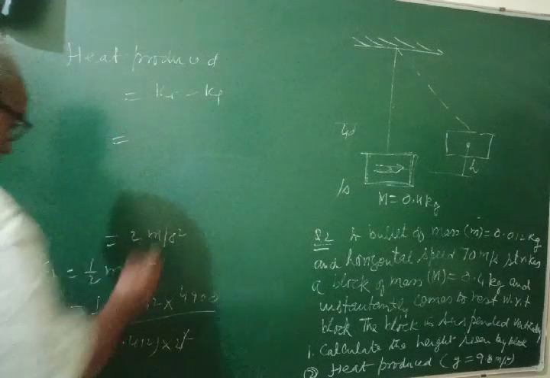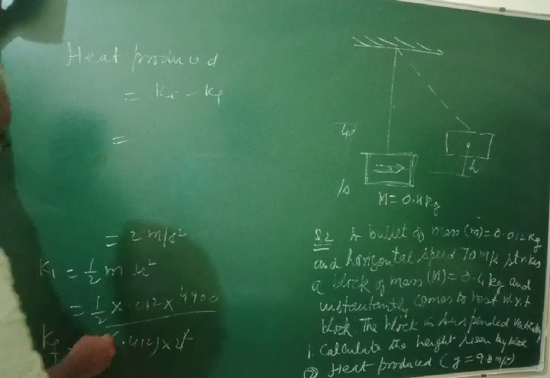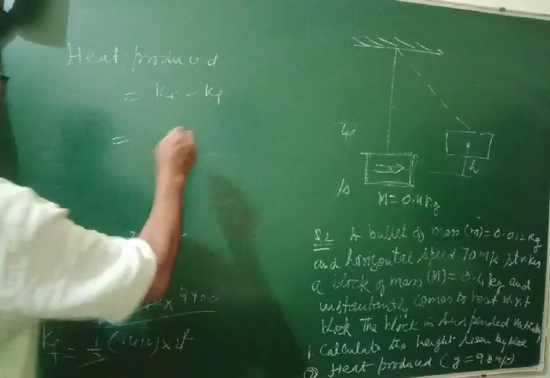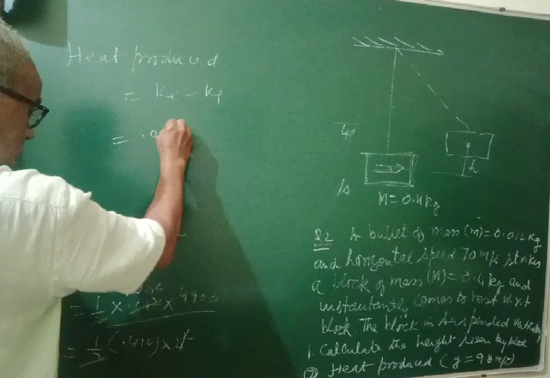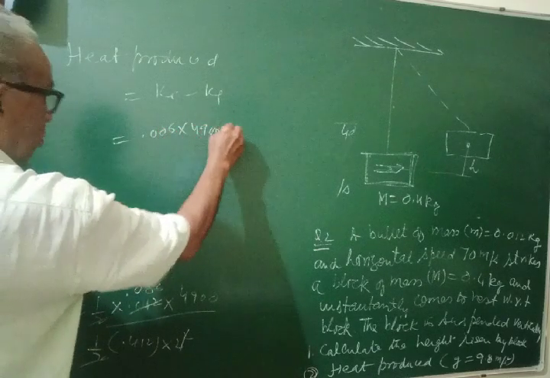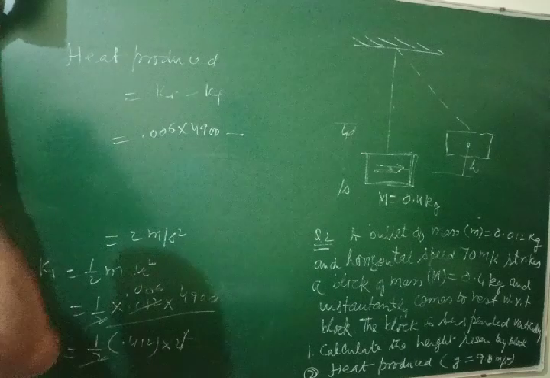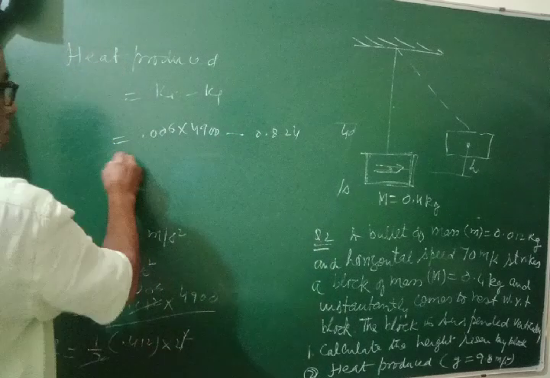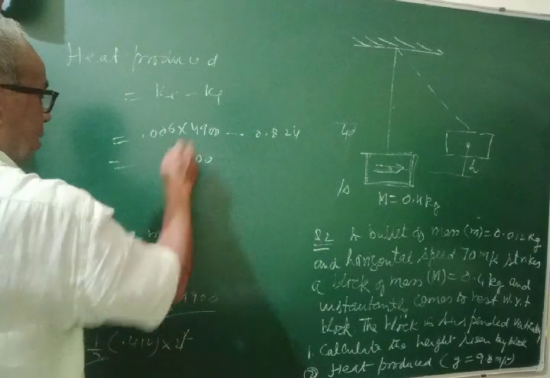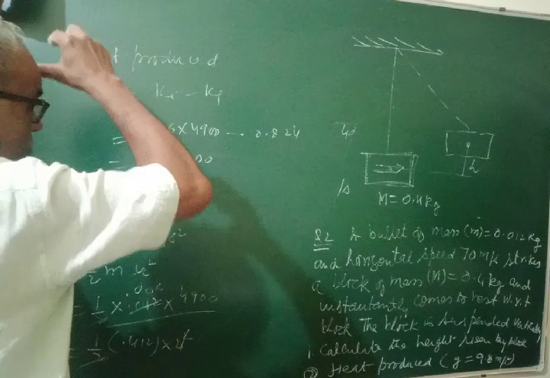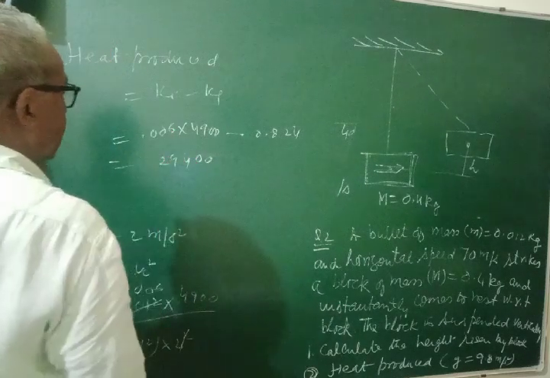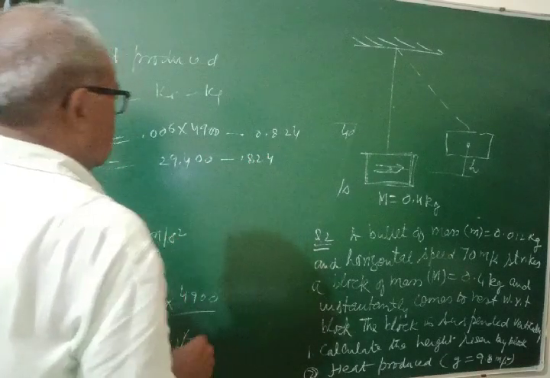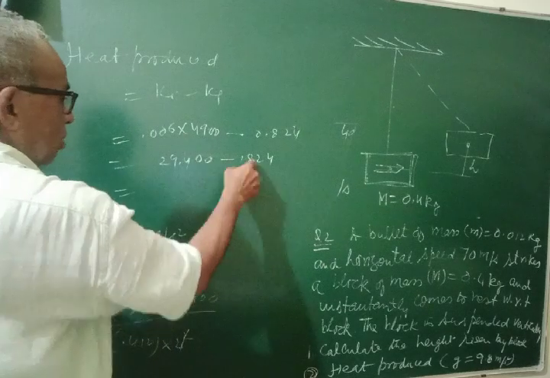That is 0.006 into 4900 minus 0.824. So nearly 14 minus 8 is 6.